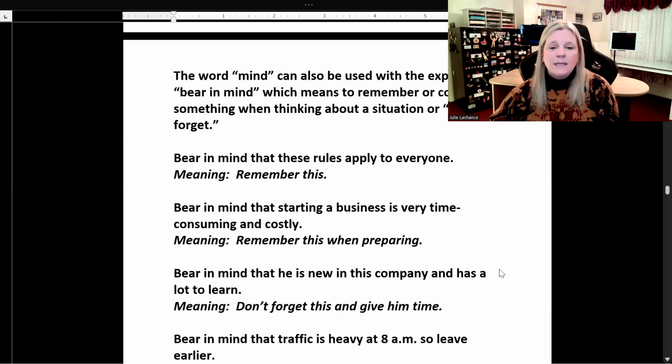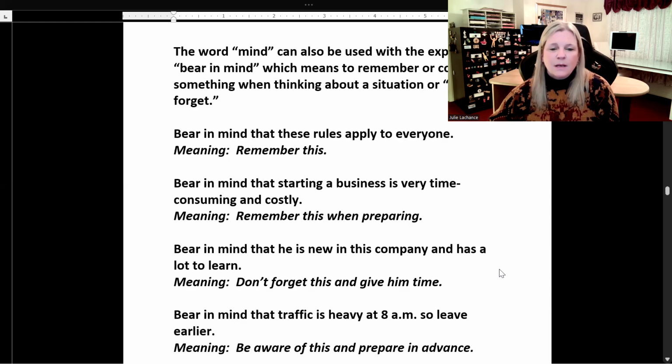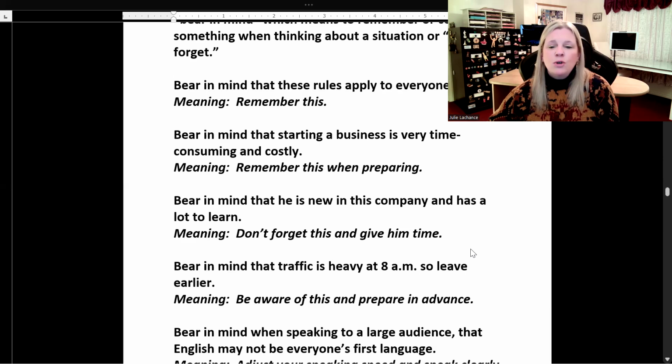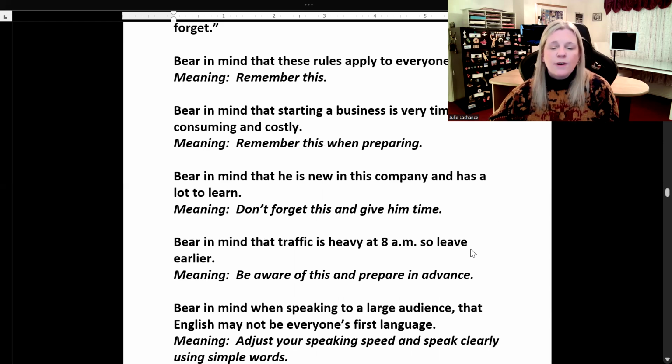Bear in mind that starting a business is very time-consuming and costly, meaning remember this when preparing. Bear in mind that he is new in this company and has a lot to learn, meaning don't forget this and give him time.